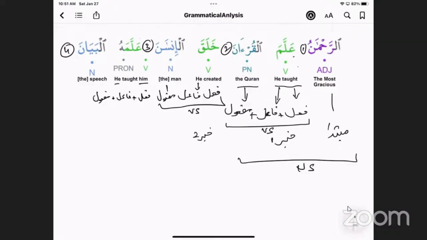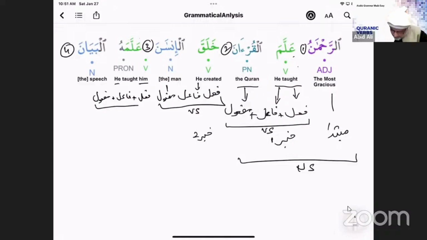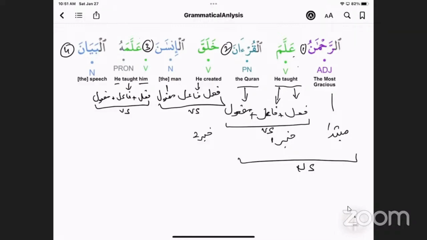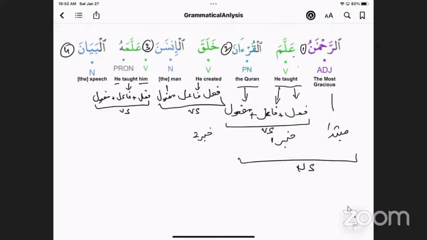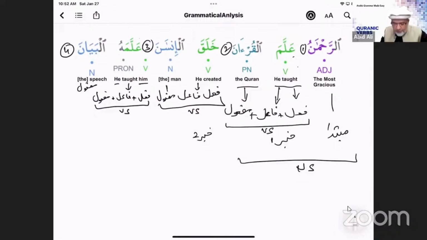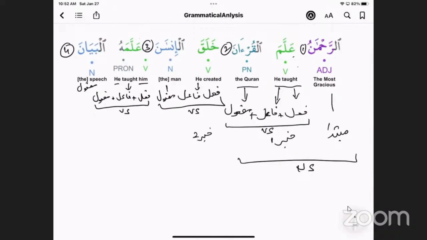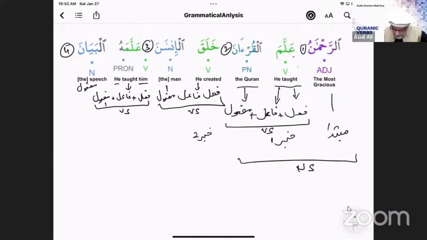This one whole thing is a verbal sentence. But is al-bayana nasab? Yes. So this is also maful. Can I say this is maful 1 for he taught him?